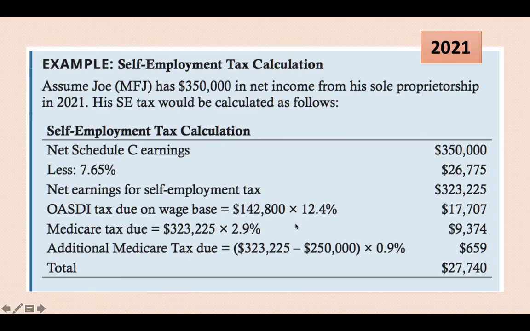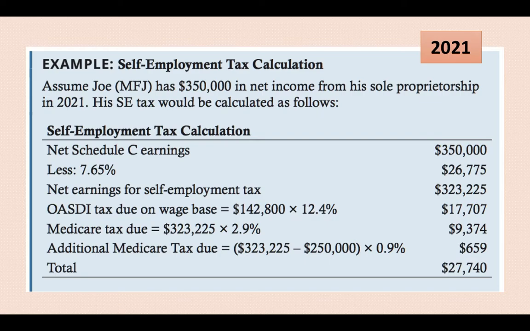The types of self-employment tax: first is the Social Security, also called OASDI tax. We know Social Security is capped at $142,800 in 2021.